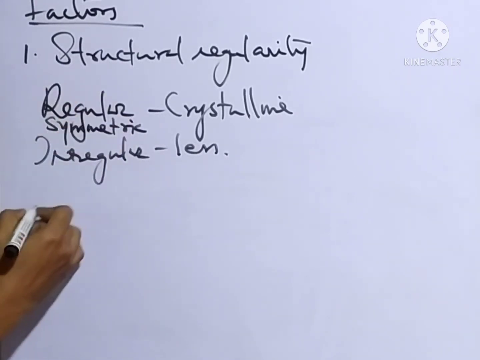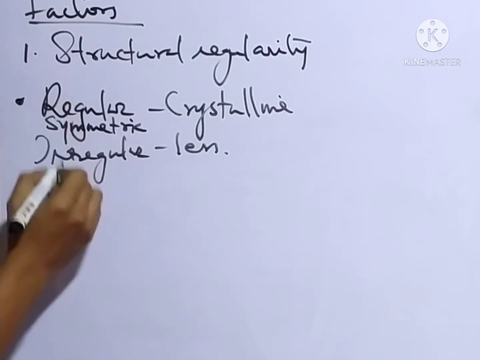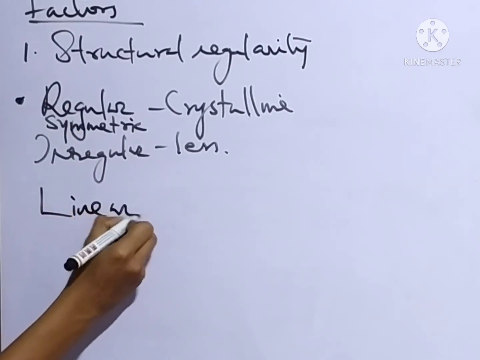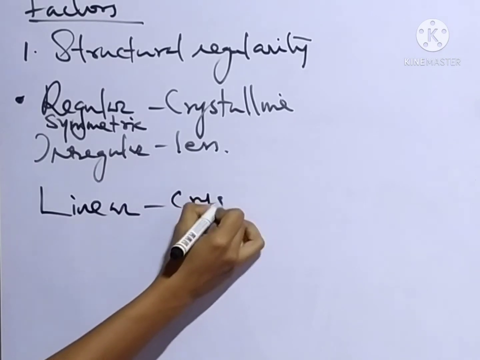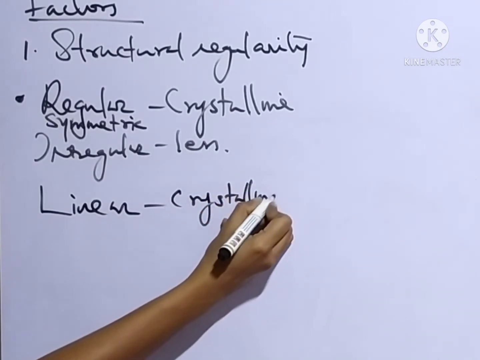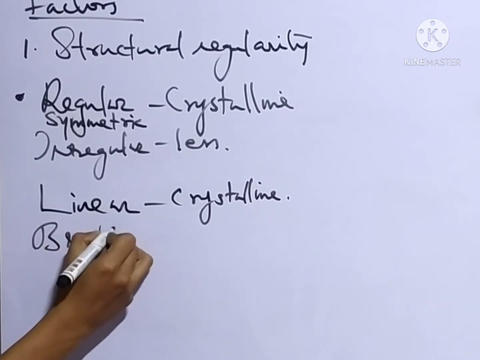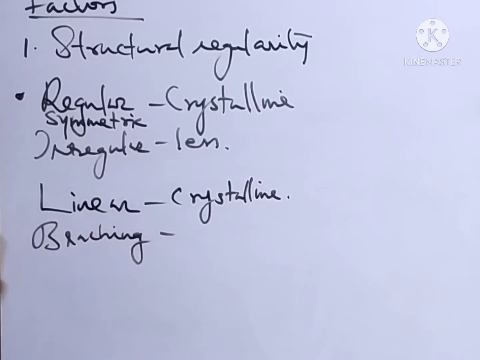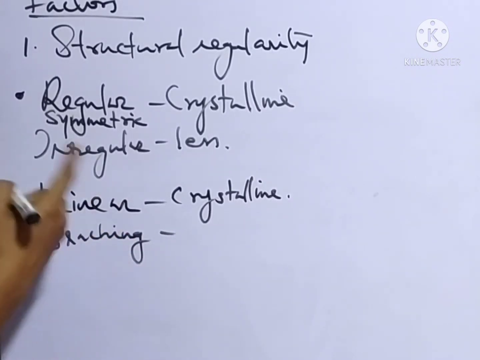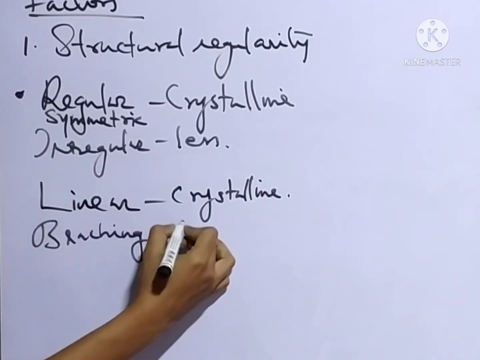Same way, if the polymer is linear, then it is crystalline. And branching reduces the crystallinity. So if branching increases, it will become more amorphous.